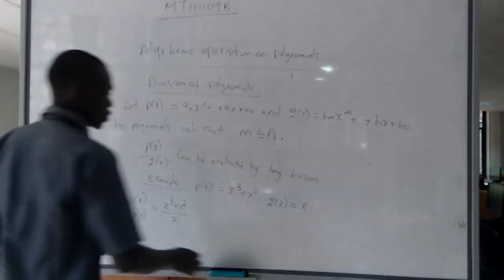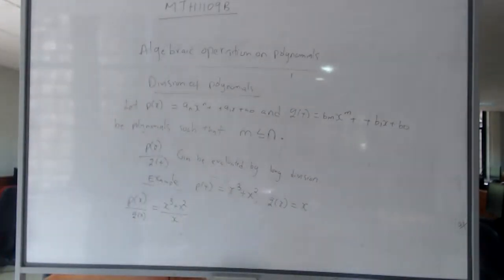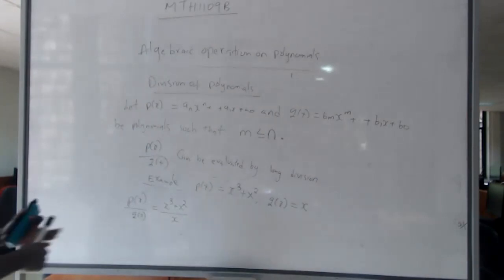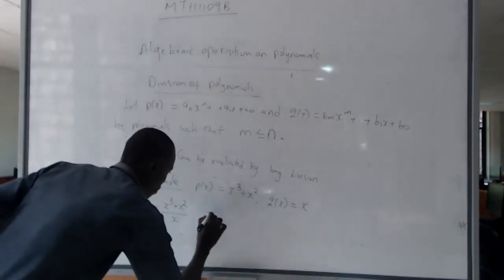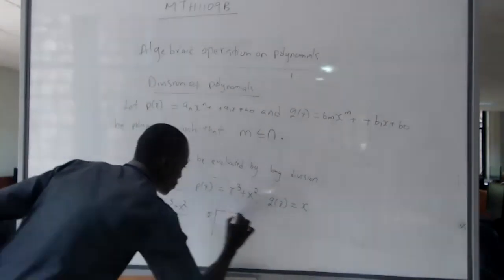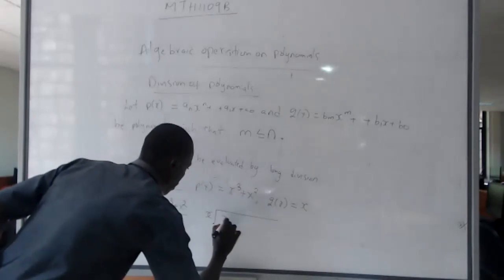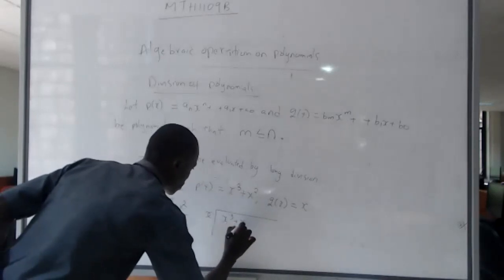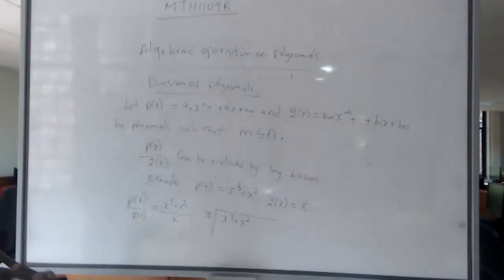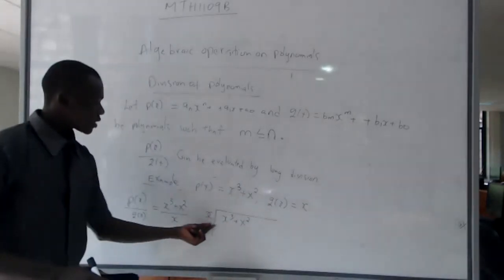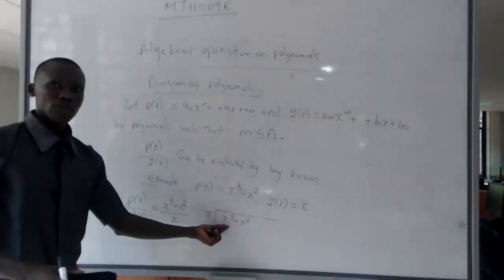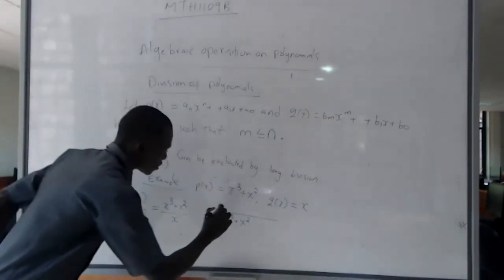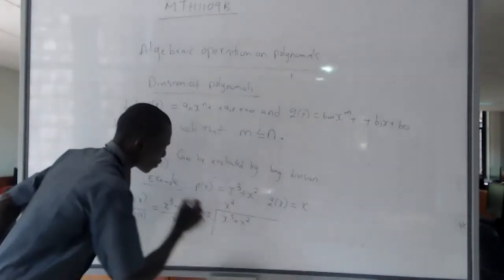So how do you do long division? Dividing x cubed plus x squared. So how many times does x go into x cubed? That's x squared.